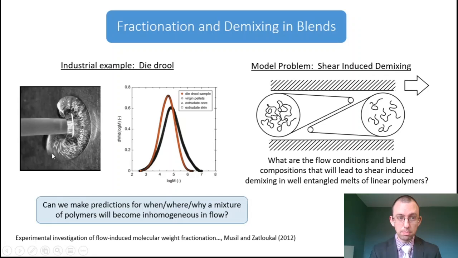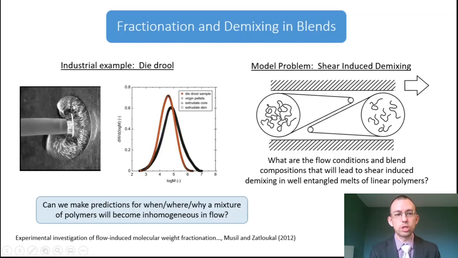We know that it's a problem. It will potentially mar the surface of your extrudate. It can char onto the surface of the die face. It can cause all kinds of different problems. And one of the few things that we absolutely know about this consistently is that if you compare the molecular weight distribution of polymer within this die drool to the molecular weight distribution either of the virgin pellets, the extrudate core, or the extrudate skin, you'll consistently find that it has a lower average molecular weight and a completely different molecular weight distribution as well.